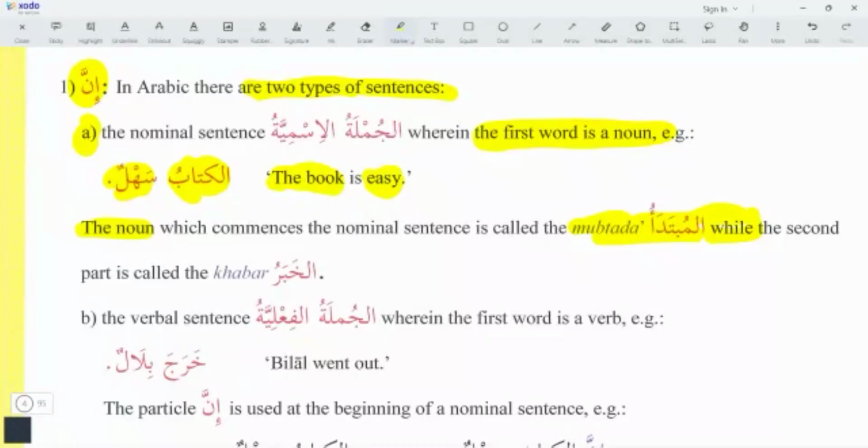The noun, the ism, which commences the nominal sentence, or we can say, which is in the beginning of the nominal sentence. We call it al-mubtada. The second part is called khabar, predicate. The second part of a nominal sentence is called a predicate. So in the above sentence, al-kitabu is mubtada and sahlun is predicate, khabar.